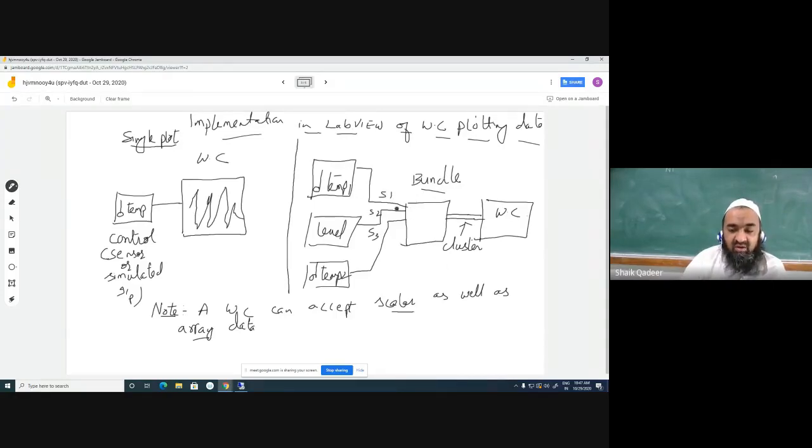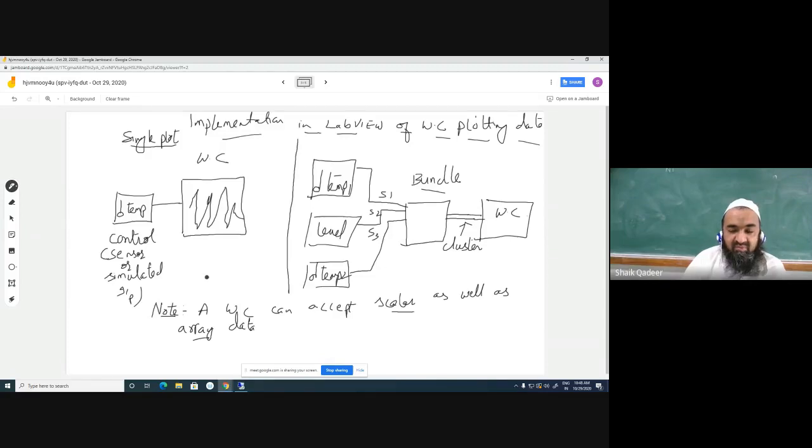This bundle takes all many scalar quantities, like here in this case S1, S2, S3, temperature, level, another temperature, and converts this into cluster. So that cluster input can be the waveform chart input, and this waveform chart will take care of displaying S1, S2, S3 on single screen. This is called as multiplot.